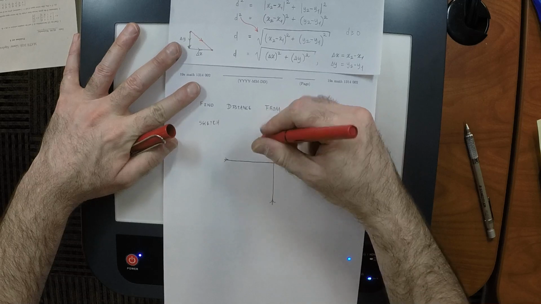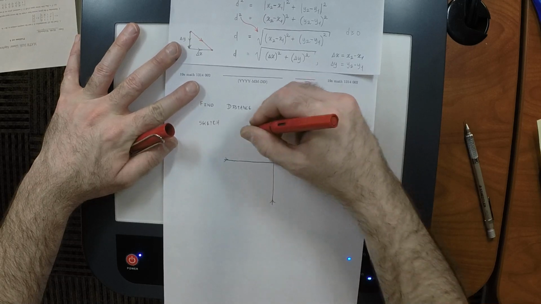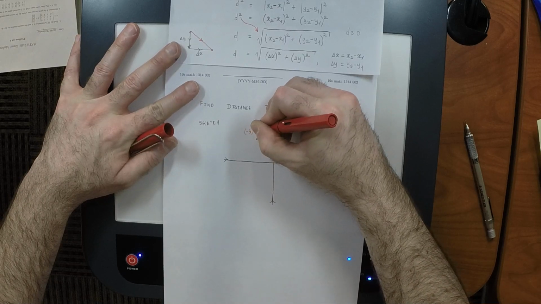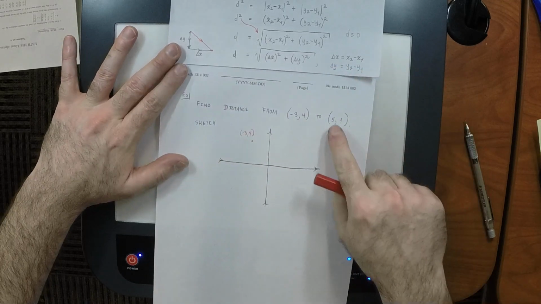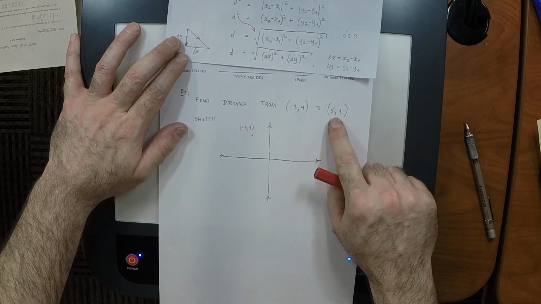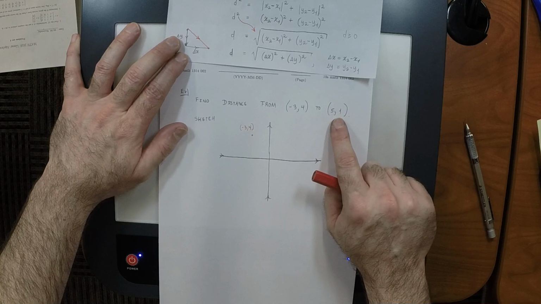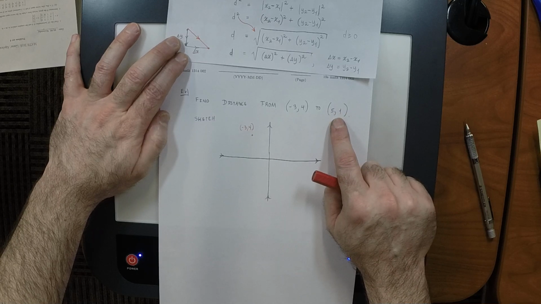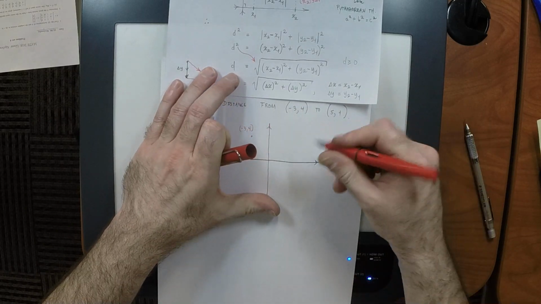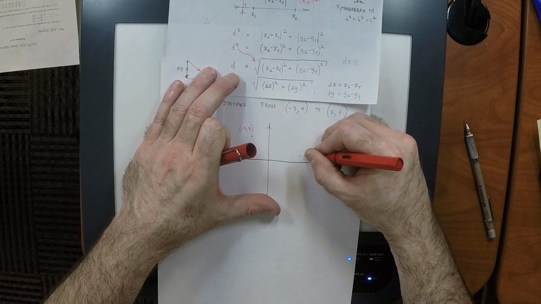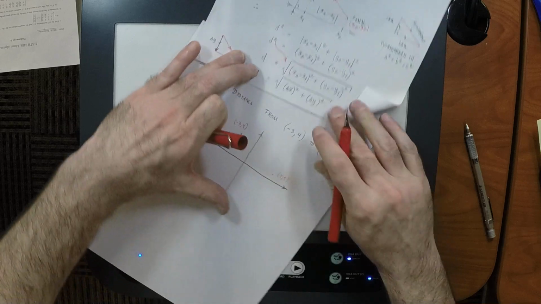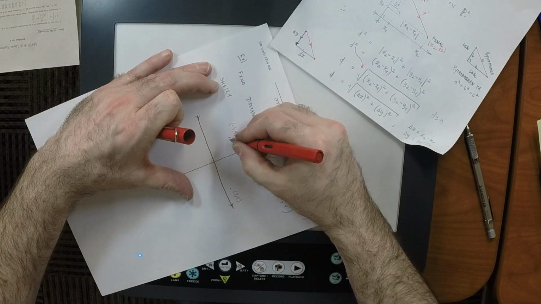So something like this. And this one, using top, bottom, left, right, where's this one? Top right. So it would be like this, ish. So in the end, what we're asking for is, what is this length?